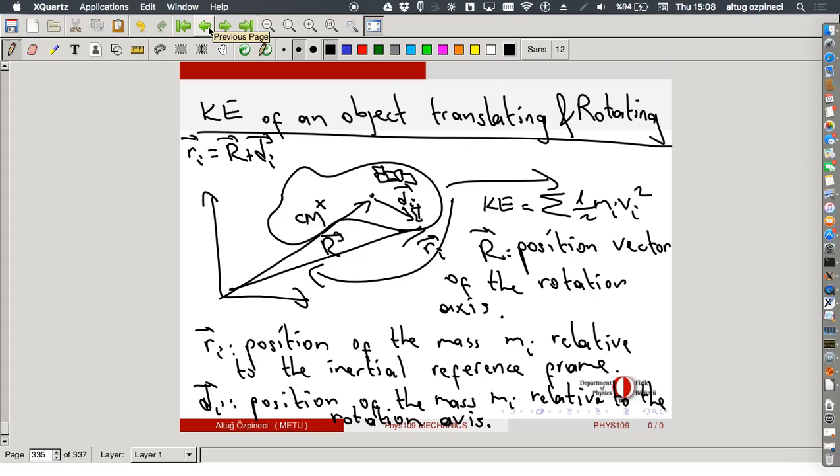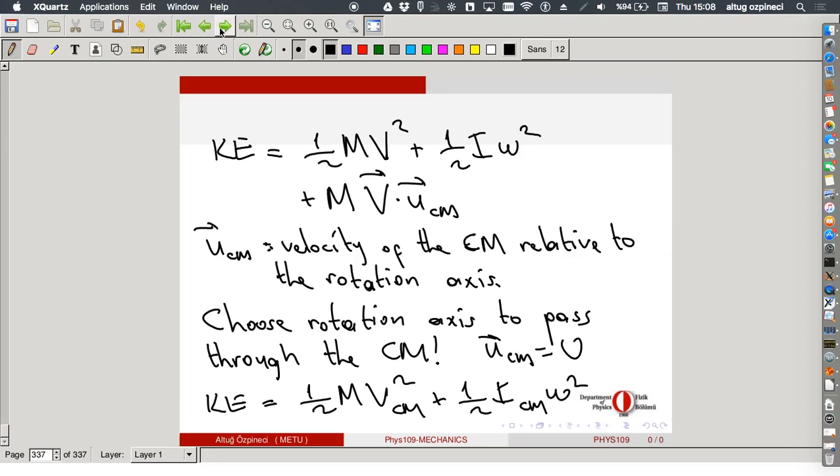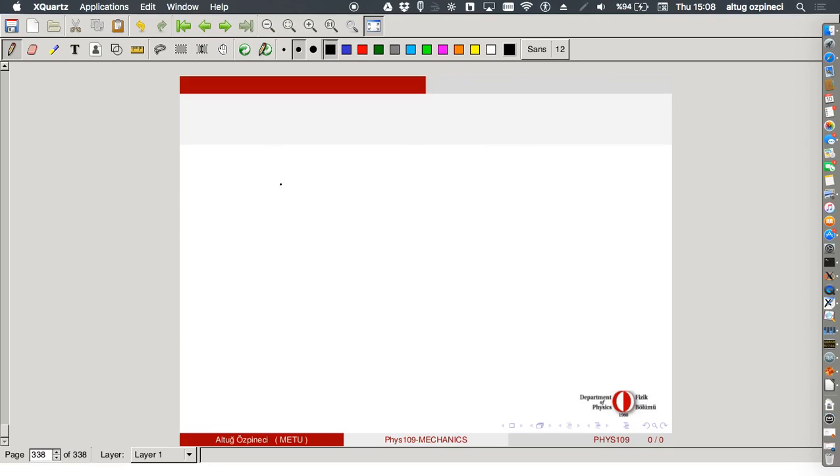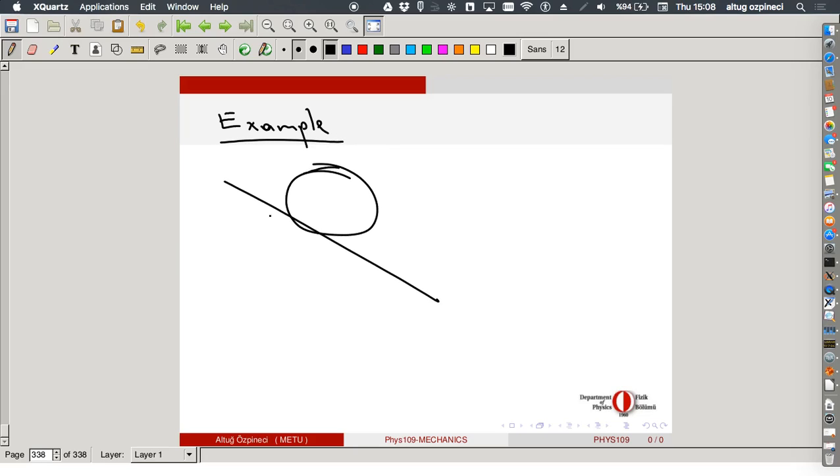Now let's see if the parallel axis theorem makes sense from this result. Remember, we had this rolling motion. We had this object that was rolling down. Let's imagine that we look at it at one moment, and then we want to calculate its kinetic energy at that moment.